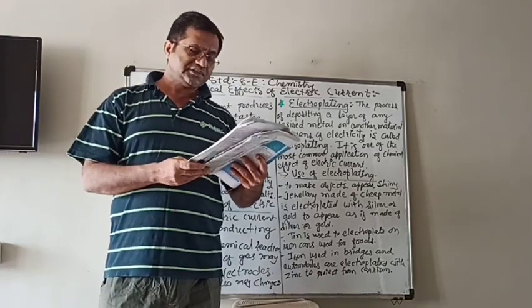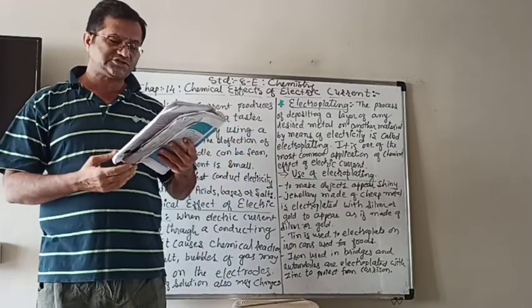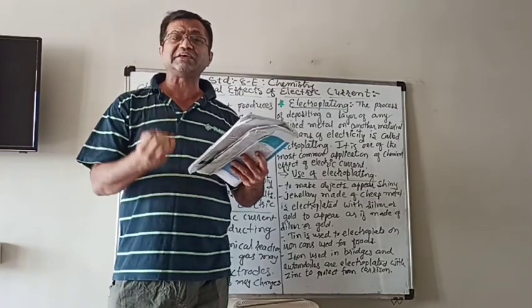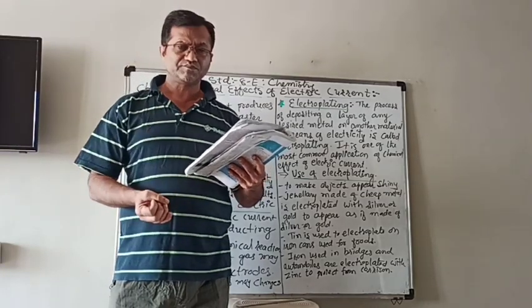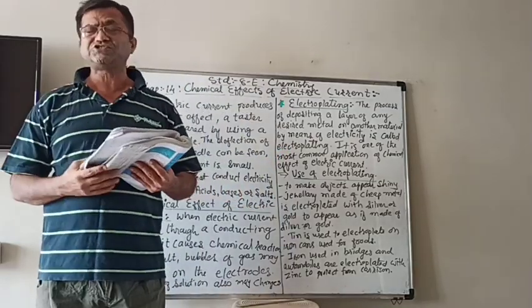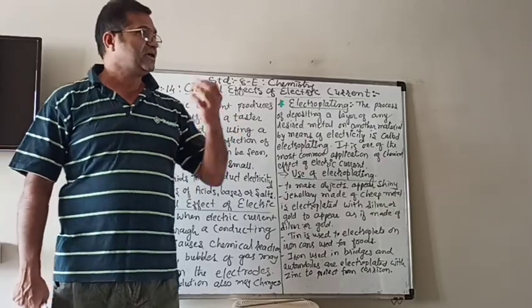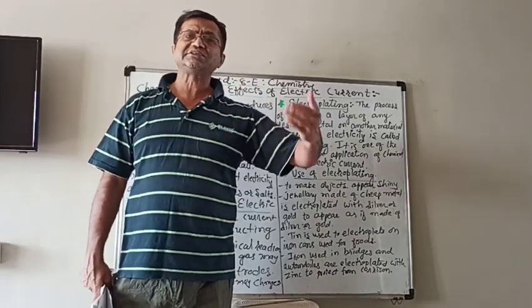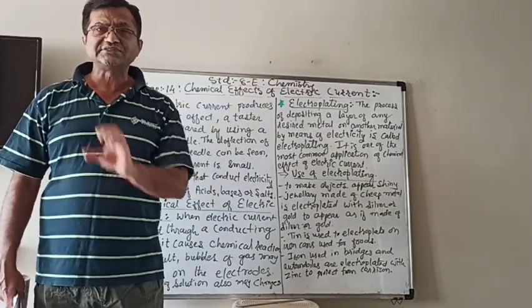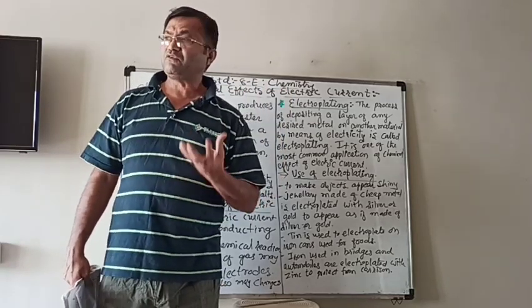And these are used in bridges also, and in automobiles, to provide strength, because we know that iron materials get rusted very quickly. When they are kept open in moist weather, they react with oxygen and get rusted, and slowly get corroded. But if there is a layer of another material like zinc, then what will happen?